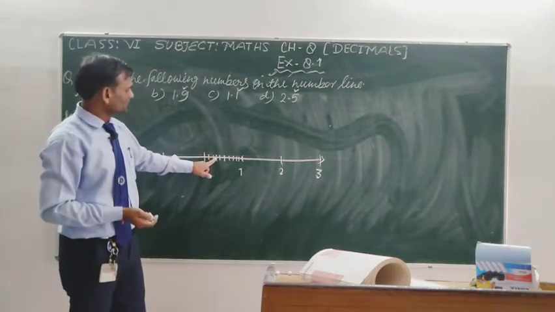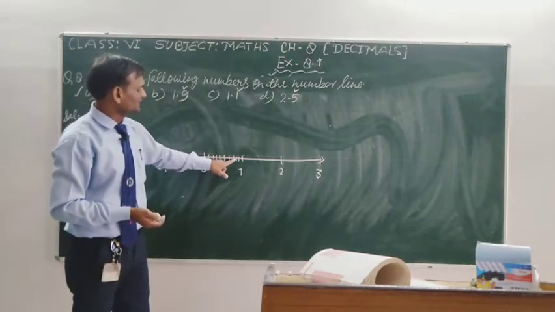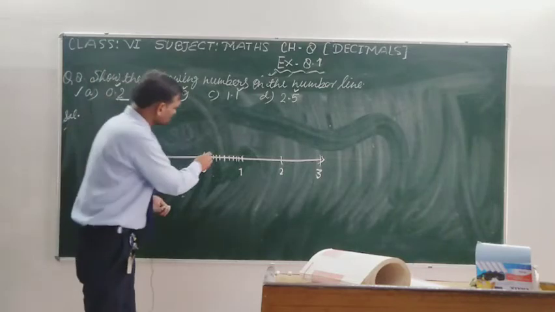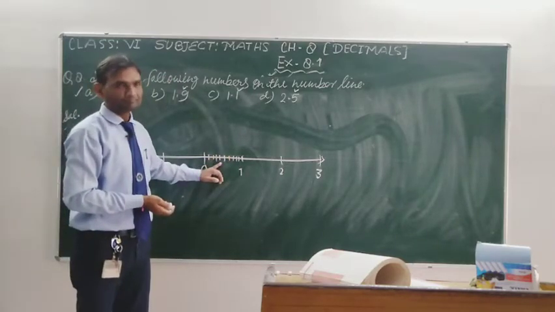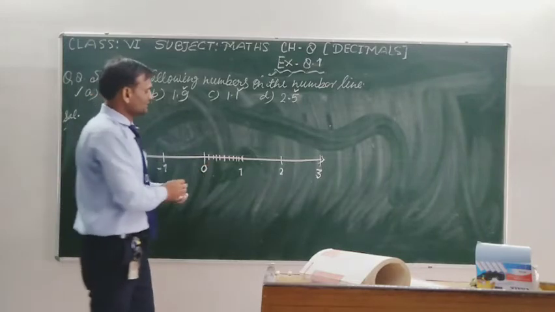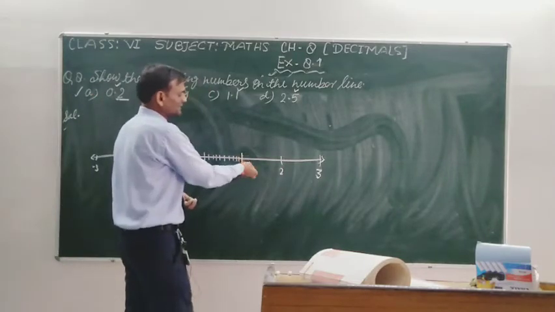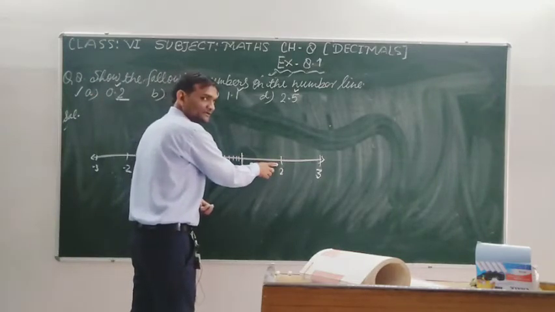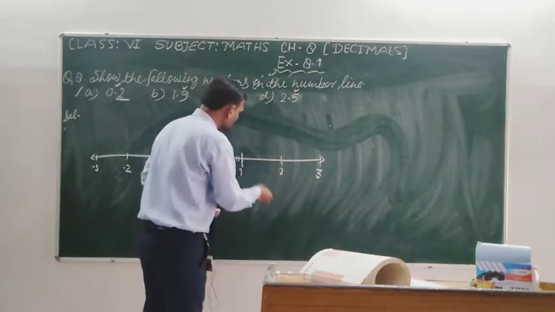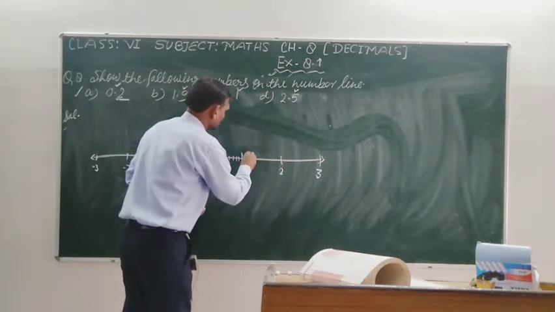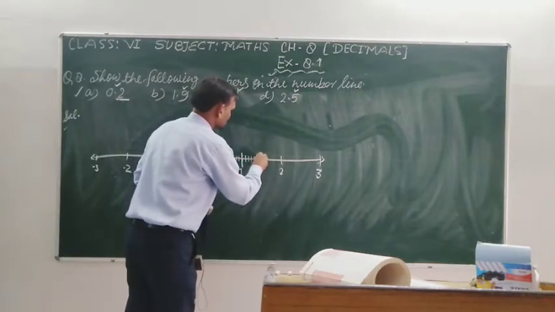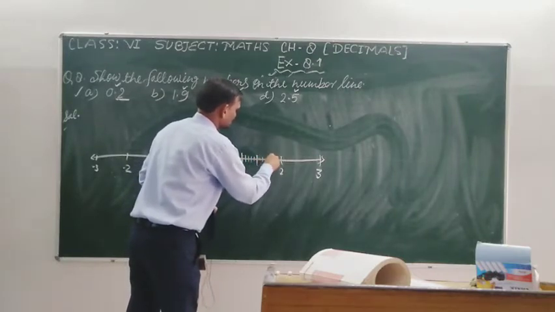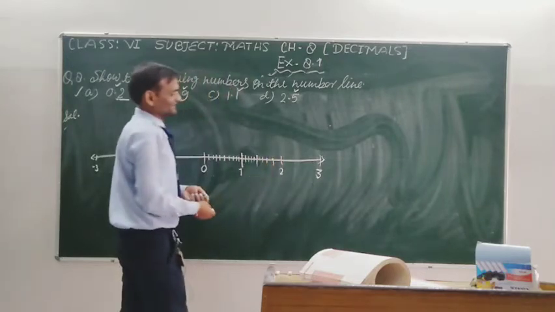But these parts should be equal. ये इक्वल पार्ट्स होने चाहिए. Like this, you will divide this unit distance into 10 equal parts.